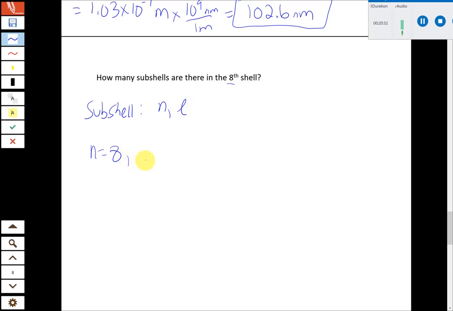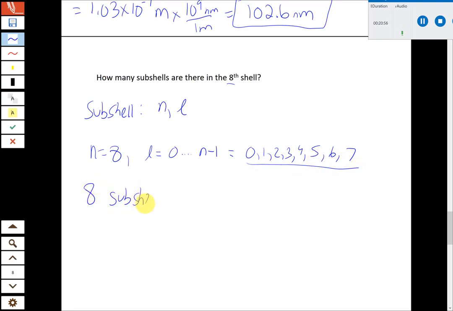The allowed values of L go from 0 to n minus 1, which for n equals 8 means 0, 1, 2, 3, 4, 5, 6, 7. That's 8 different subshells with 8 different L values. That's where this number comes from, so that would be the answer. You would just enter 8.